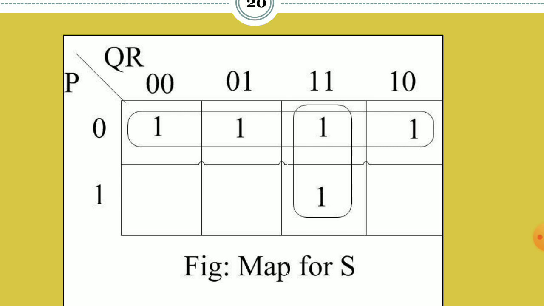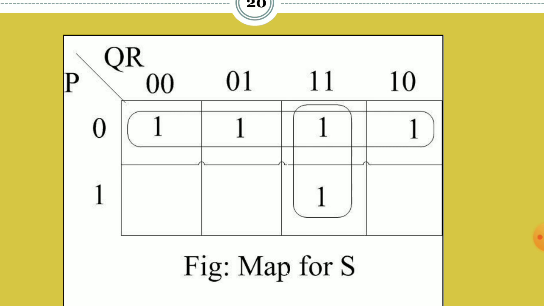And in the case of the minterm group 0, 1, 2, 3, here we see that the values of Q and R are continuously changing. Since the value of P is not changing for minterms 0, 1, 2 and 3, we will choose the value of P in the simplified function.